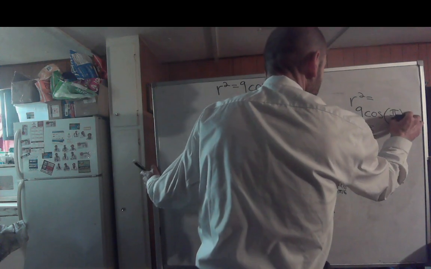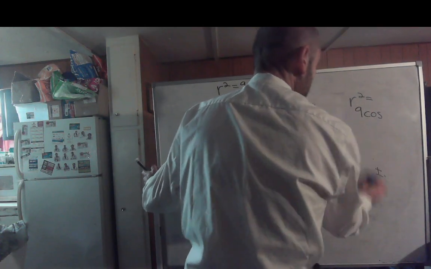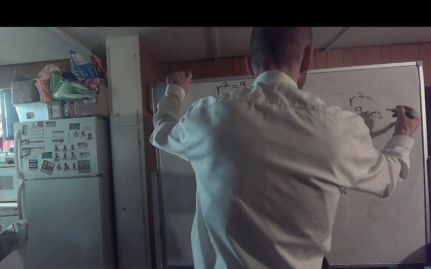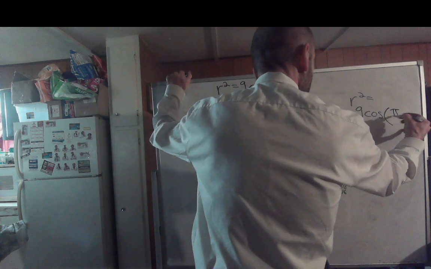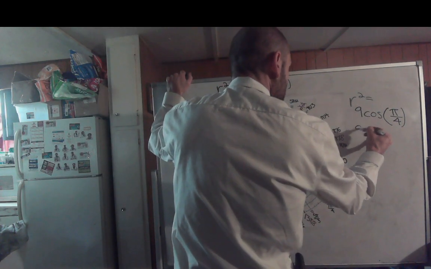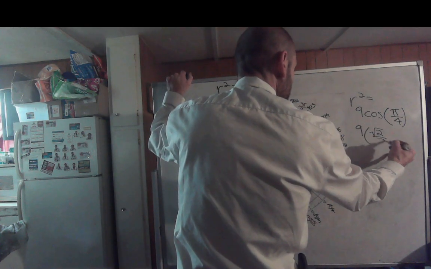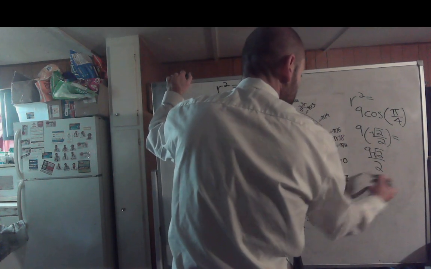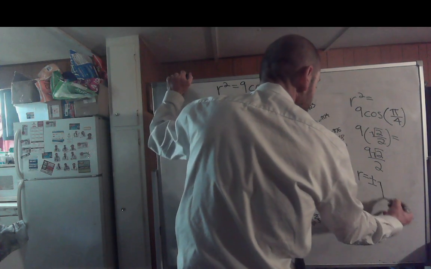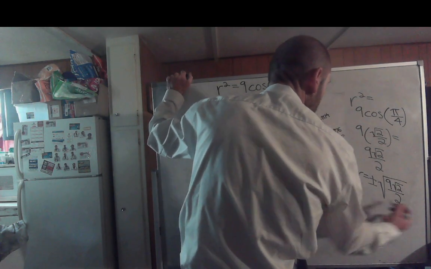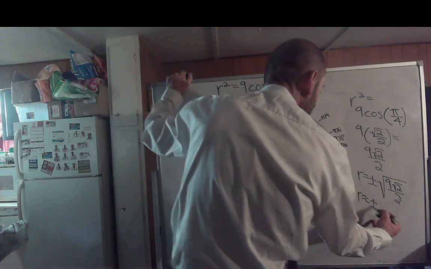Let's do pi over 8. So if I take 2 times pi over 8, what does that give me? Well, that's going to give me pi over 4. So that would then end up giving me 9 times the square root of 2 over 2. So yes, 9 times the square root of 2 over 2, which means r has to equal both plus and minus the square root of 9 times the square root of 2 over 2, which I should be able to get approximate values for.